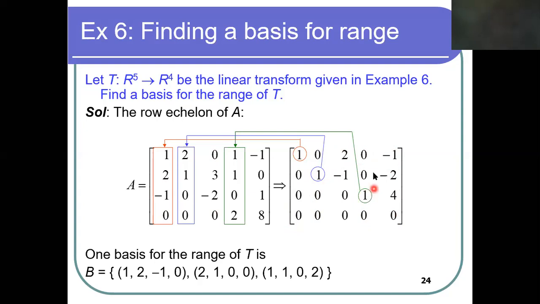This column corresponds to the second column of the actual matrix before transforming it into echelon form, and this column of the row echelon form is equivalent to the first column of the actual matrix.